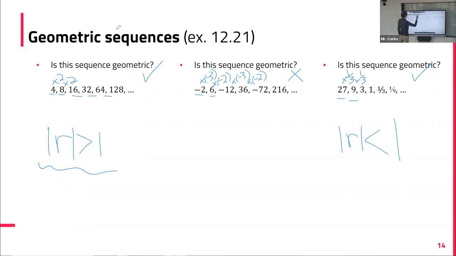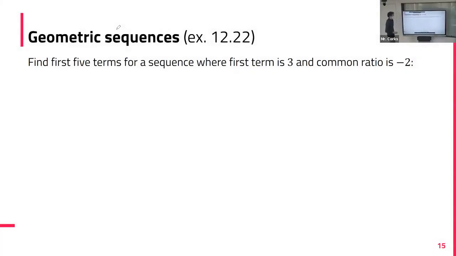Okay, so let's go on to the first example here. Let's say we have the sequence. First term is 3, common ratio is -2. Write out the first 5 terms.